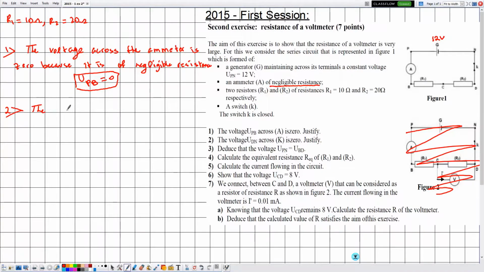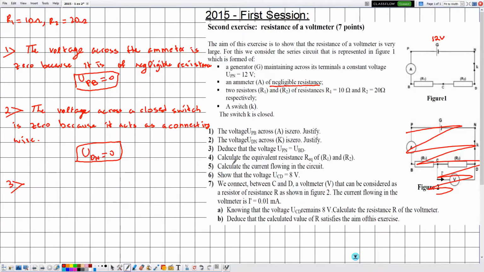The voltage across a closed switch is 0 because it acts as a connecting wire. Then in this case we have that UDN is equal to 0.